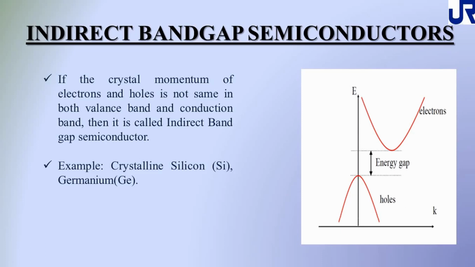In this case, we call it an indirect band gap semiconductor. The examples are crystalline silicon and germanium.